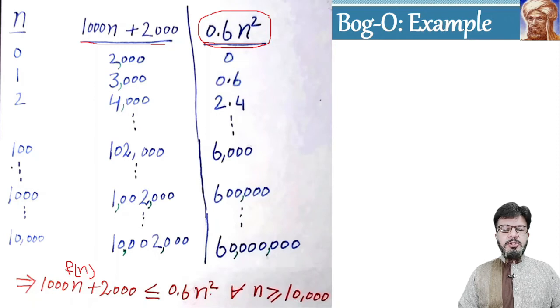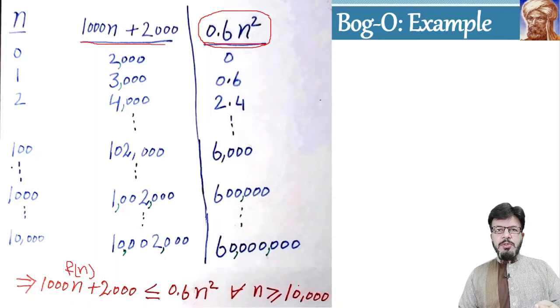Basically, this function dominates after 2000, but you can write 2000, 3000, 4000, or any number greater than 2000, because if the condition is true for 2000 and greater values, then obviously it is true for 10,000 and greater values as well.